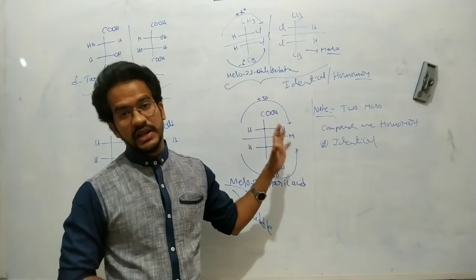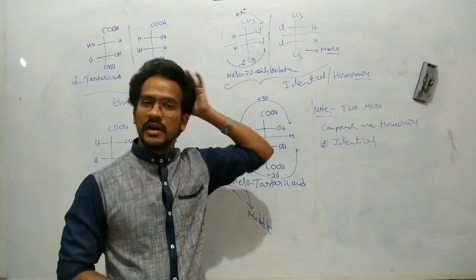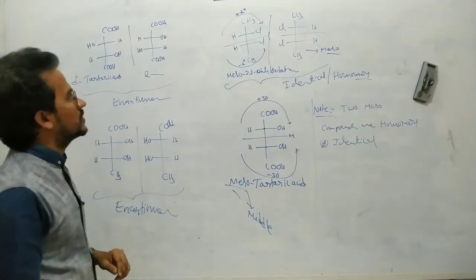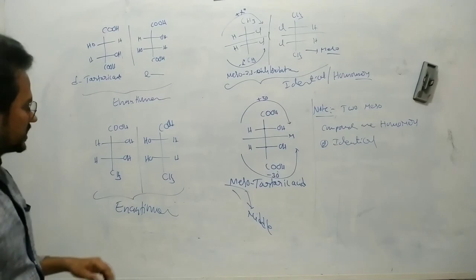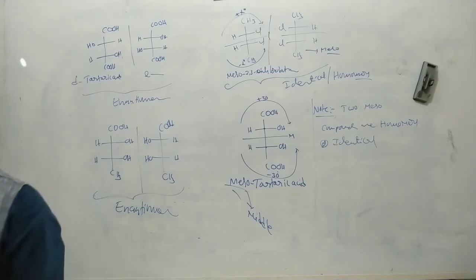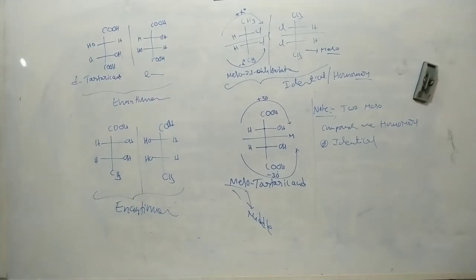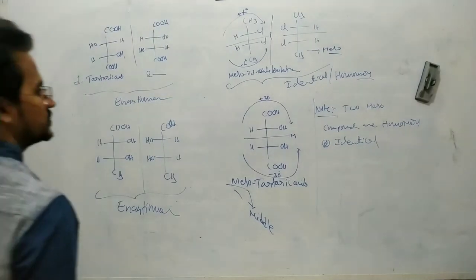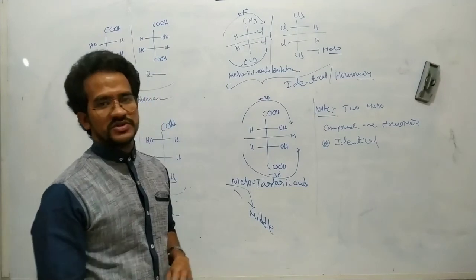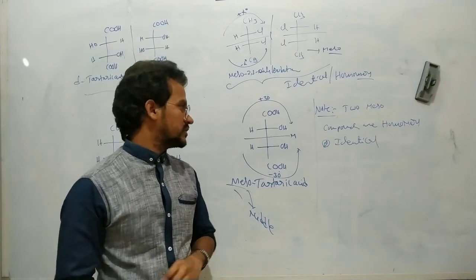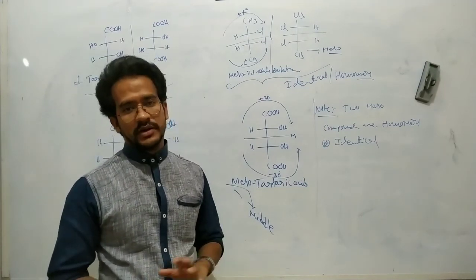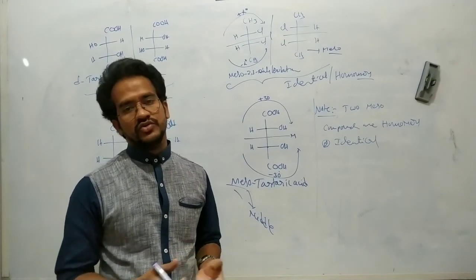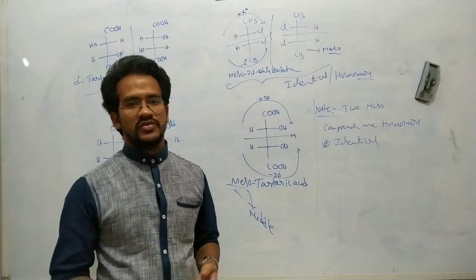Meso compounds are always optically inactive due to internal compensation. So two meso compounds are identical or homomers. Enantiomers must be optically active. Meso compounds are optically inactive due to internal compensation, or due to plane of symmetry or center of symmetry.